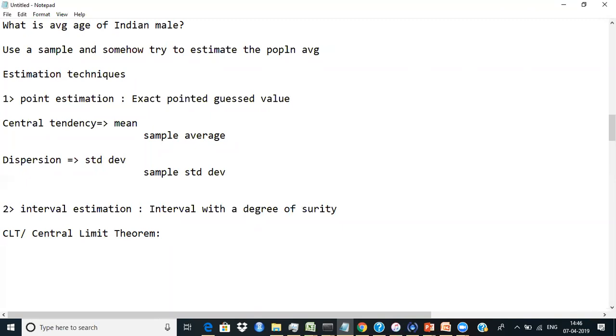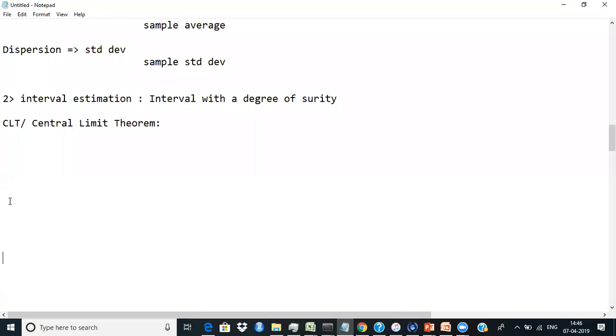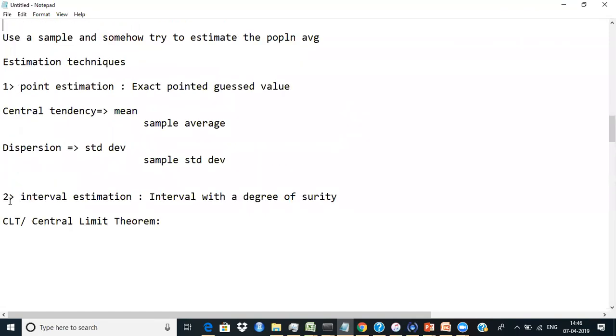Now, what is central limit theorem? It basically states that... we did not divide it by average, we calculated average. That is coefficient of variation.